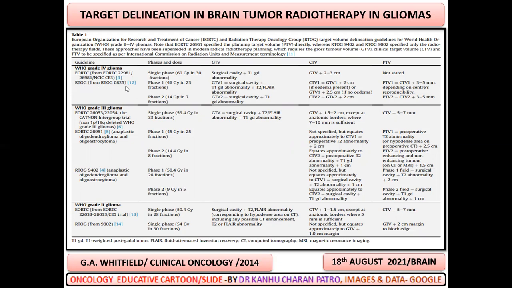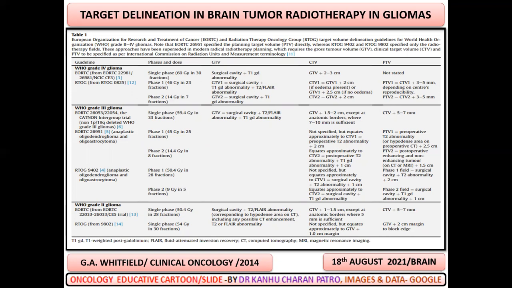Most of the EORTC is a single phase study. Single phase treatment is 60 Gy in 30 fractions. That is the GTV, surgical cavity and enhancing component. CTV is GTV plus 2 to 3 centimeter and PTV is 0 to 5 mm. In the RTOG group, there is phase 1 and phase 2. Phase 1 is 46 in 23, phase 2 is 14 in 7.